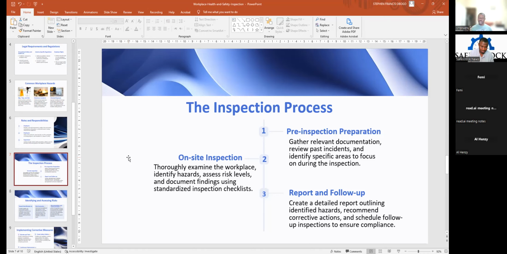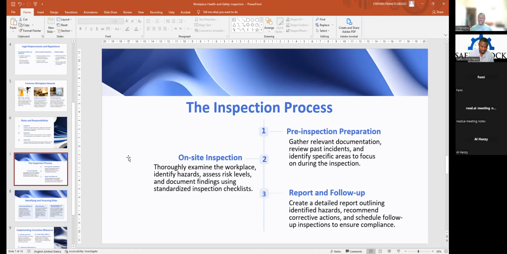Because if you don't bring those things up during your pre-inspection process, you just go to site, and even where you already identified some issues, probably there was no close out, you might not even visit that site anymore. You might not be able to see it. But when you look at all those past documents and records, it gives you a map of at least where to start from. Then you begin to look at other sites.